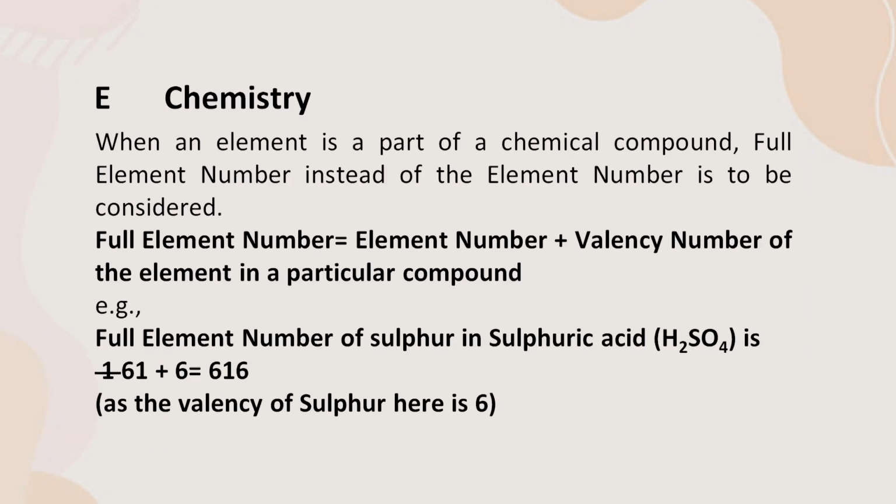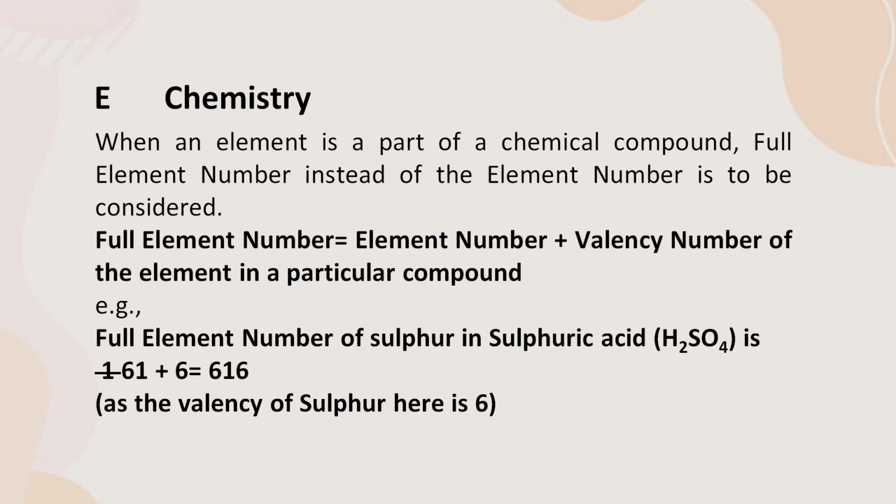When an element is a part of a chemical compound, the full element number instead of the element number is to be considered. The full element number is obtained by the element number plus the valency number of the element in a particular compound. For example, the full element number of sulfur in sulfuric acid will be 61 plus 6.